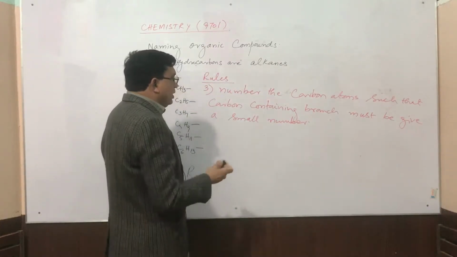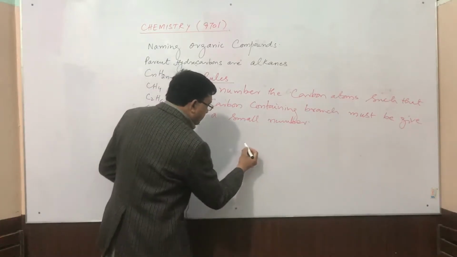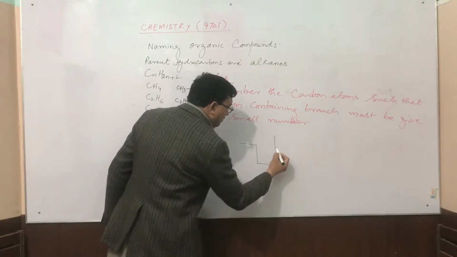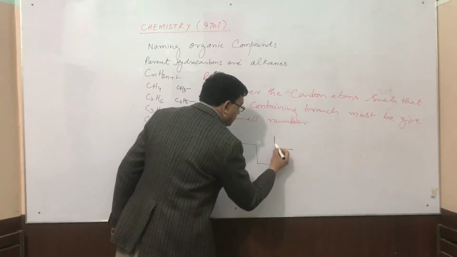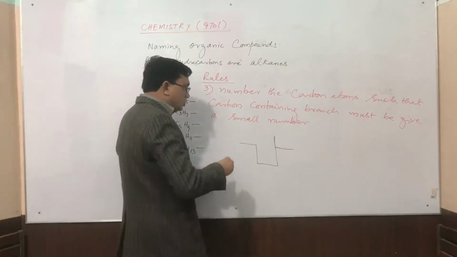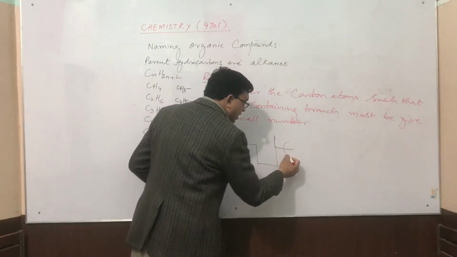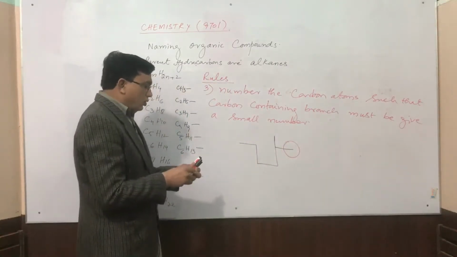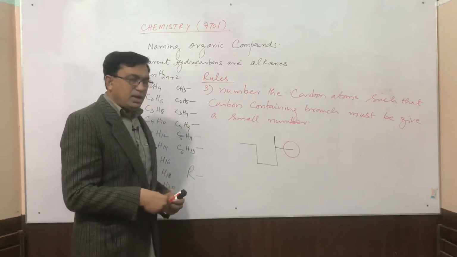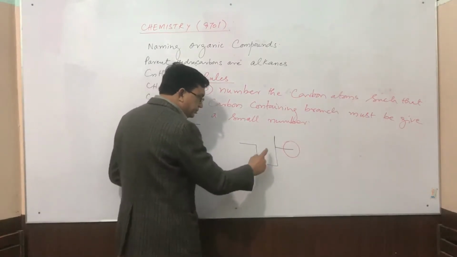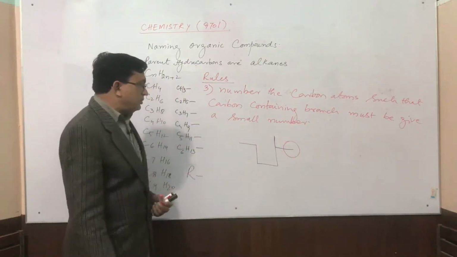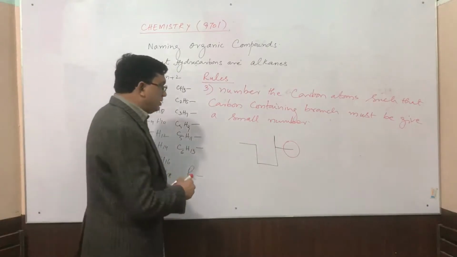For example, if we have such a type of organic compound in such a situation, let's suppose that this is our branch. Now, we have to number the carbon atoms in such a manner that the carbon containing the branch must be given the smallest number.